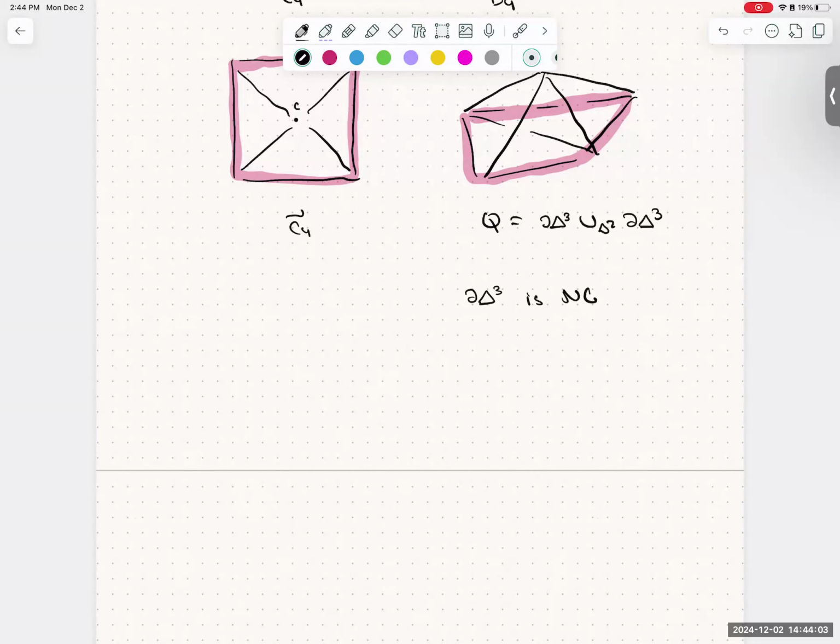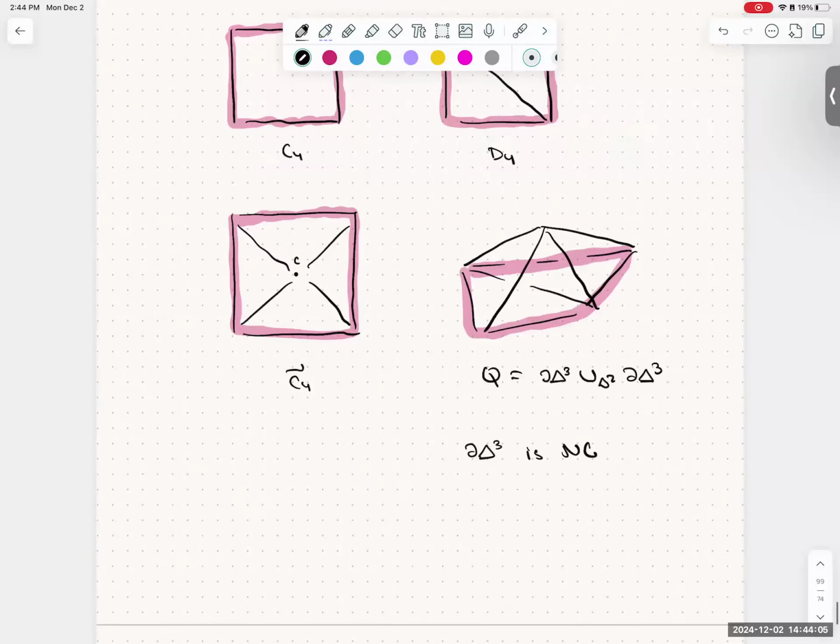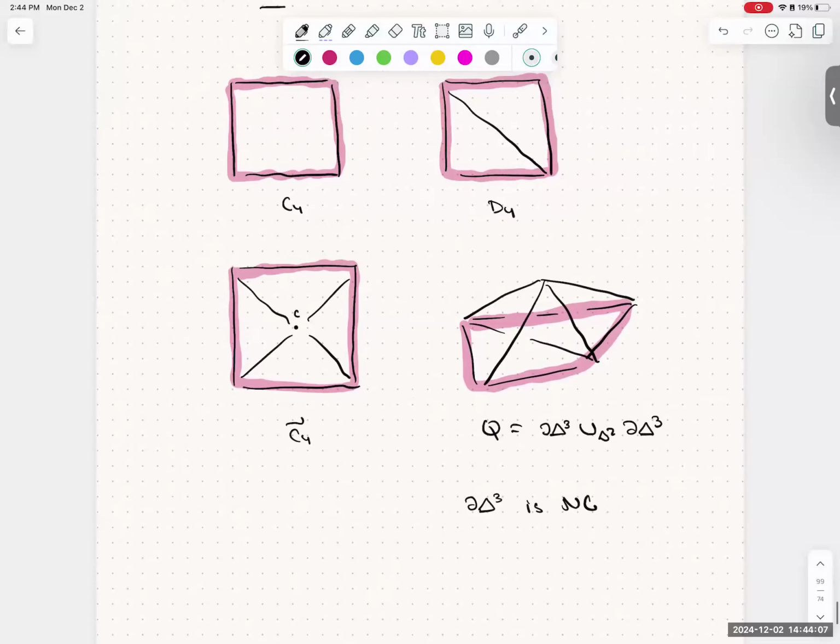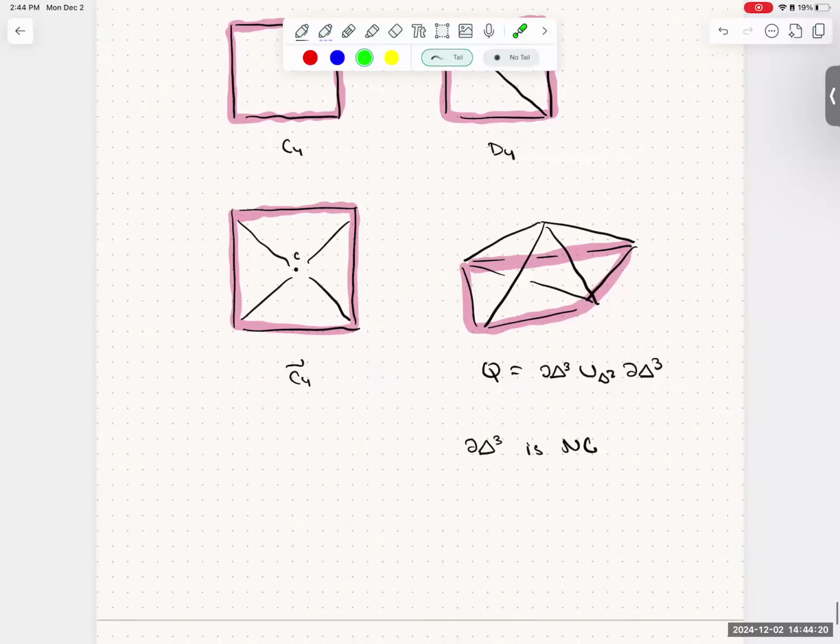So we know one direction of the thing that we want to prove: if P on this is non-contextual, we know that it satisfies these inequalities. To prove the other direction, we want to use an extension kind of argument.